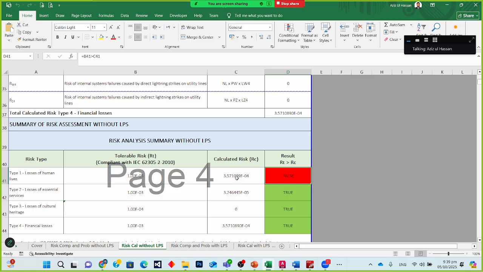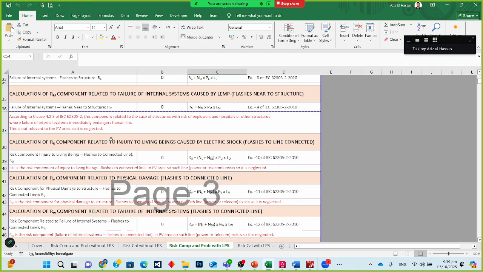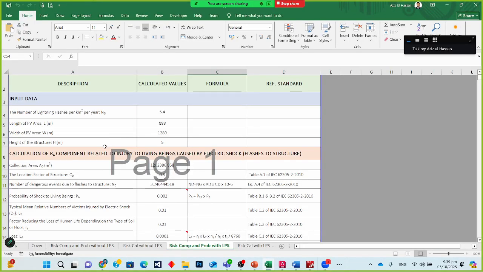When we checked, the risk R1, loss of human life, is higher than the tolerable limit. So we need to give protection for that system. For that we have calculated our risk calculations as per our protection design.